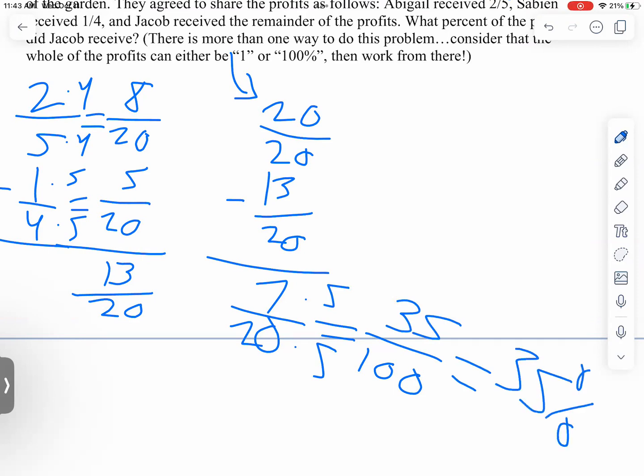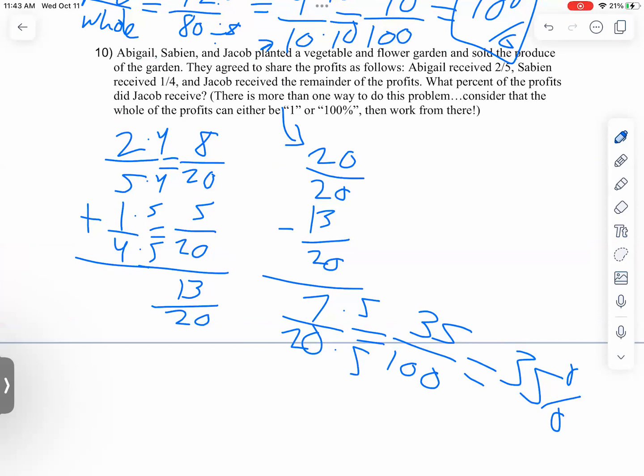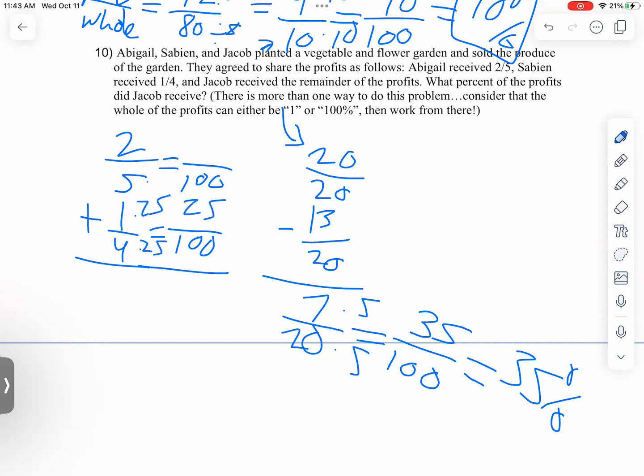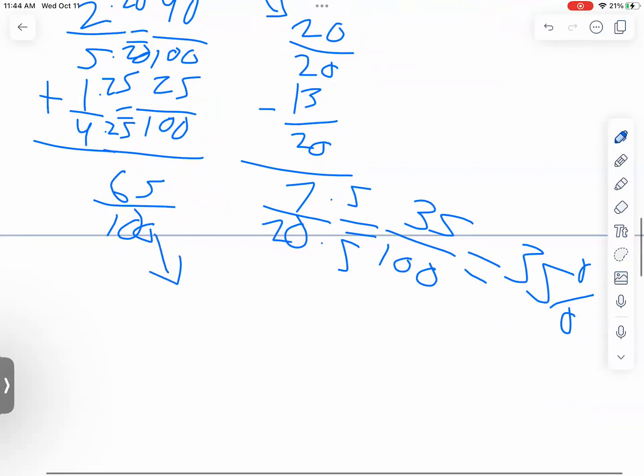Now, if you will notice back over here, had we done this like, okay, let's go ahead and make this a percent instead, then the only difference to this problem would be that instead of putting it over the least common denominator, which would have been 20, we're going to put them both over 100. So that's times 25, and then times 20, so it's 40 plus 25 is 65 out of 100, or 65%, right?